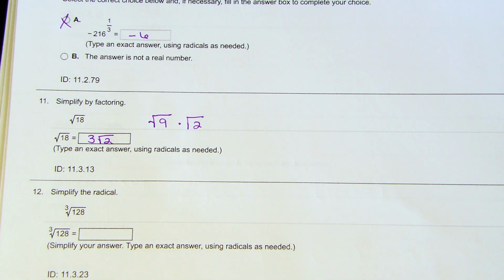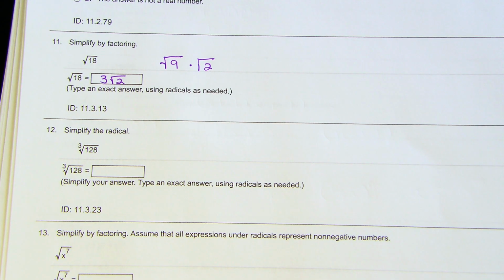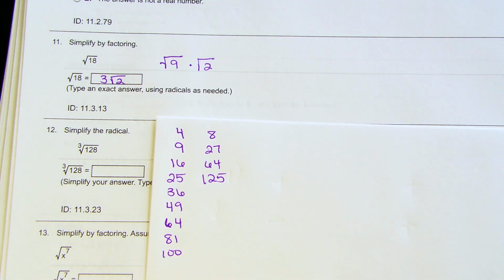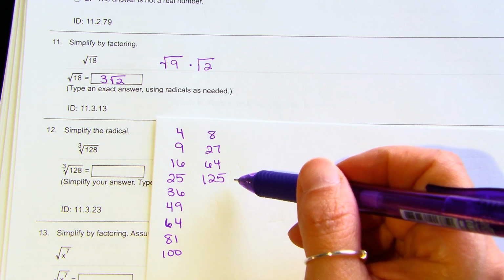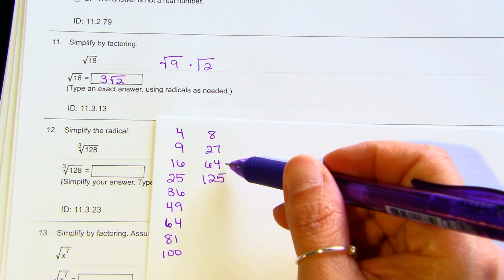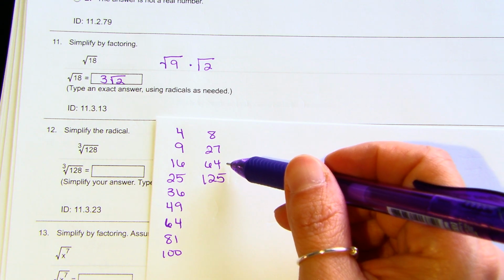Doing cubes is a little bit harder just because we don't play with cubes quite as often. The cube root of 128. So again, though, I made a list of cubes. 125, while it's smaller than 128, that's not going to be a factor of 128. 64, hey, 64 times 2 would give me a 128.